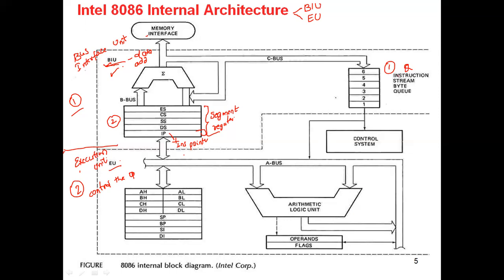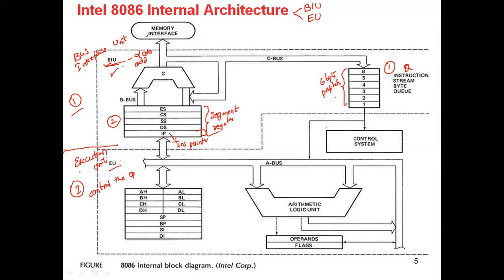The first one is the instruction queue, or instruction stream byte queue. This bus interface unit consists of a 6 byte prefetch queue. The bus interface unit gets up to 6 bytes of next instructions and stores them in this instruction queue.